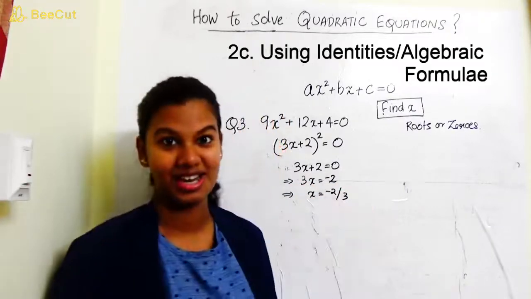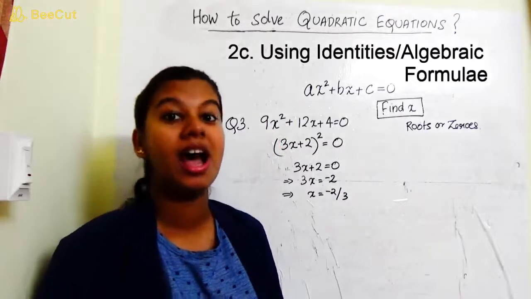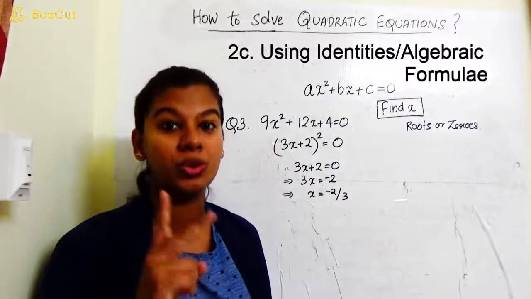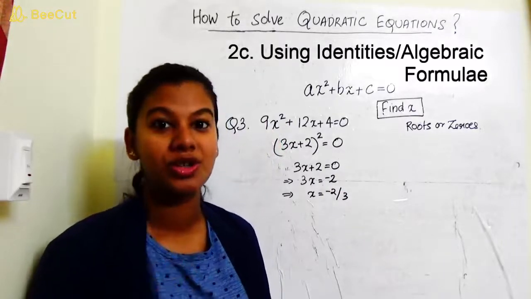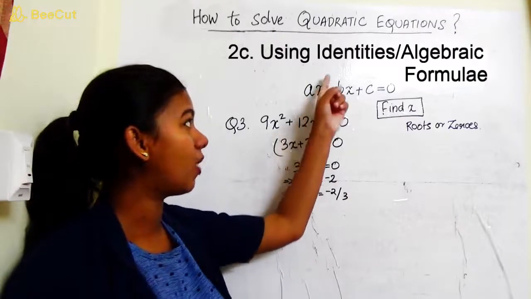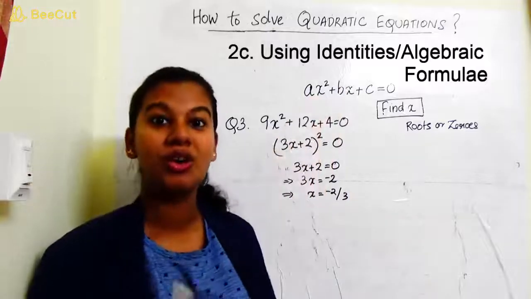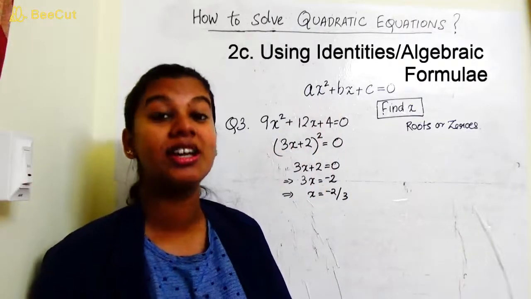Okay, now you have noticed in this quadratic equation I am getting only one root or zero. So this means that if the degree of a quadratic equation, if you notice the degree is 2, the roots or the zeros will be 2.